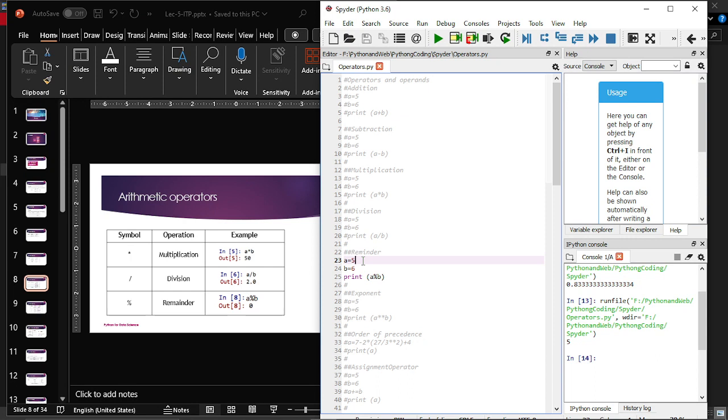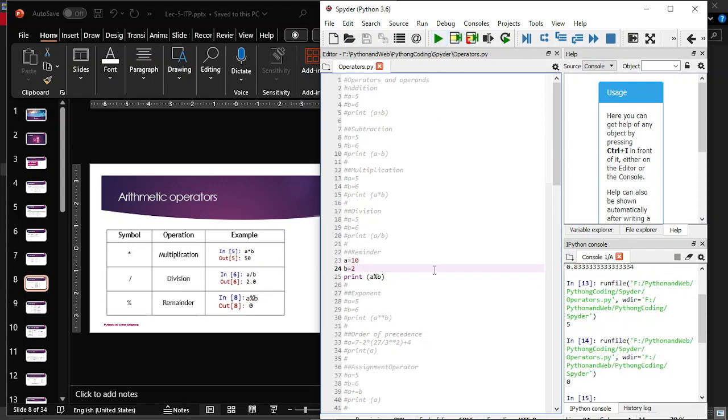Now if I change this to an easier one and see what output I get, it is 0, because if I divide 10 by 2, it is fully divisible: 2 fives are 10, so the remainder is 0.